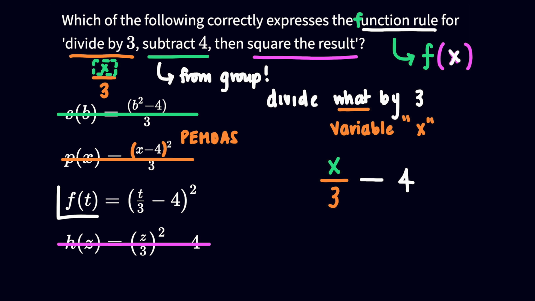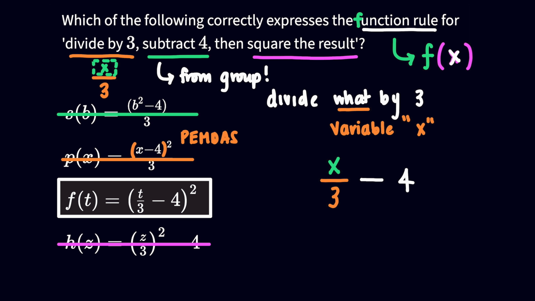But now let's just keep with it. I think we've got one more thing to do. Then we want to take the entire result and square it. So we basically want to group together this whole thing. And what notation do we use when we want to group something? Yeah, we use parentheses. So this is the whole entire thing that I've been working towards.